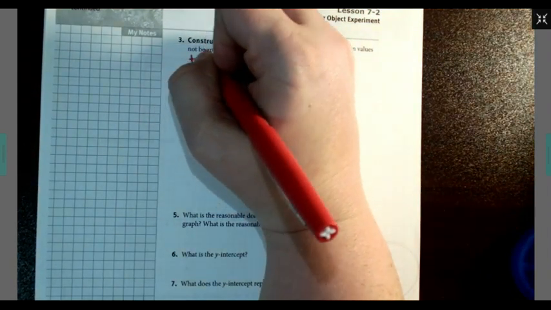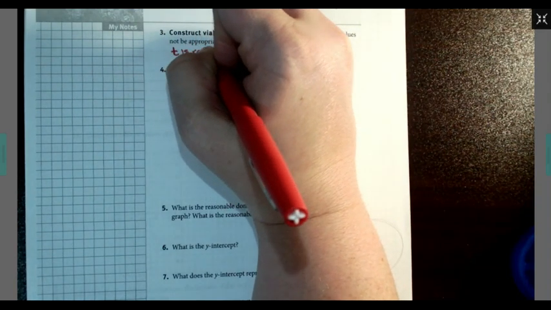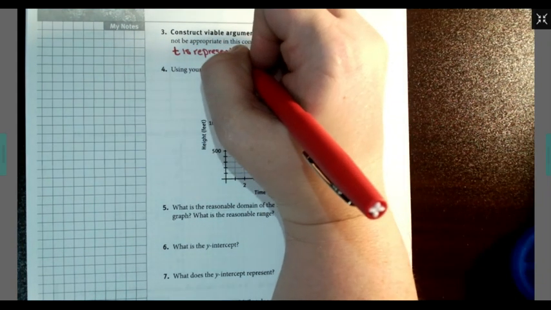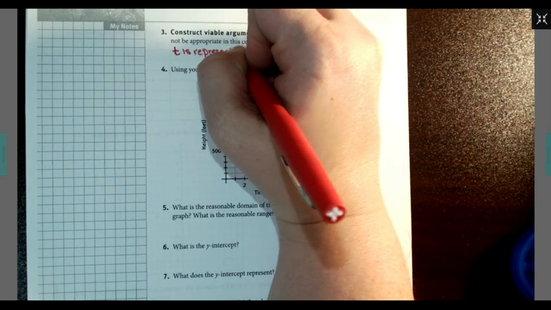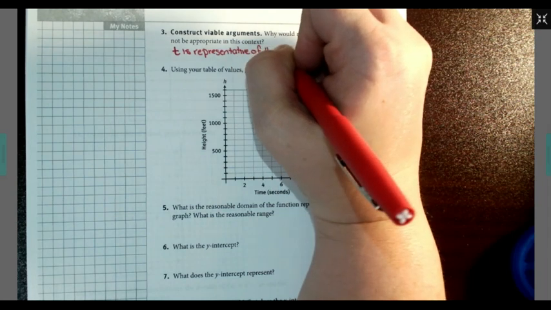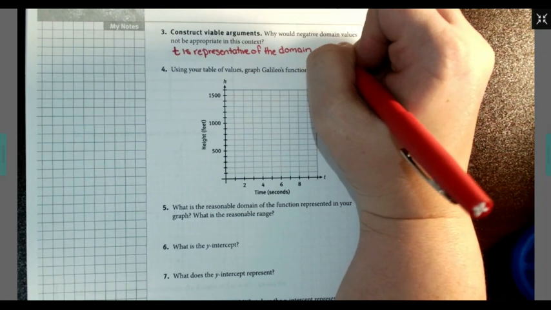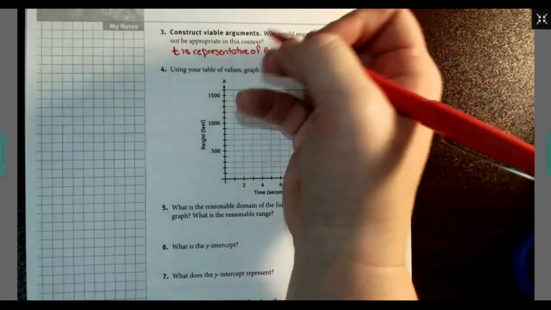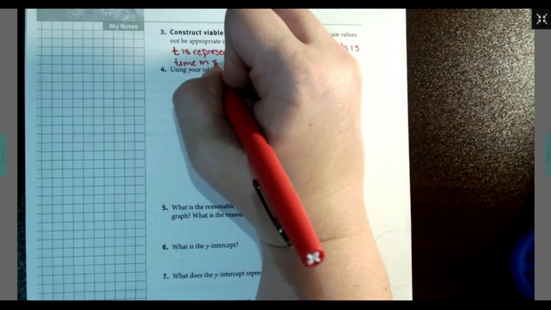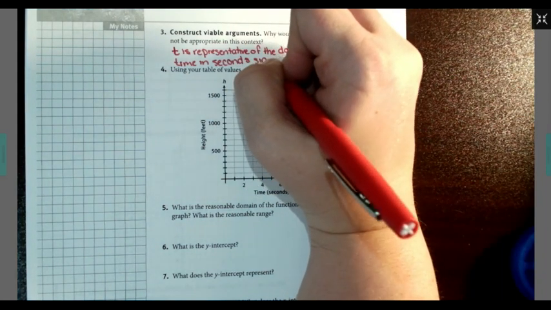T is representative of the domain, which is time in seconds since the ball is dropped.